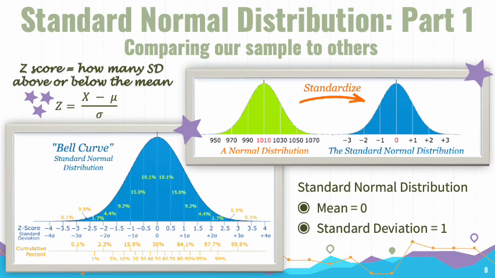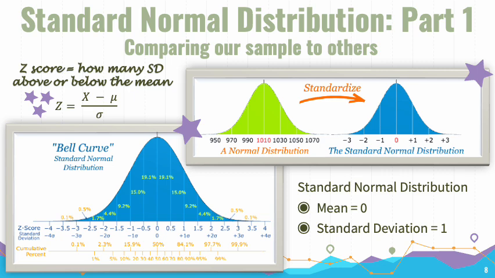So we need a method to compare the samples to each other and to compare an individual to the sample as a whole. But this is really challenging because our samples probably aren't all going to be the same size, and we already know our samples aren't going to have the same mean and standard deviations.